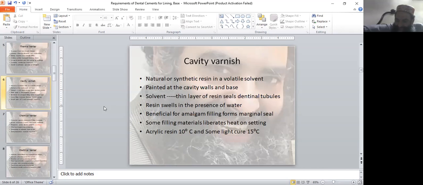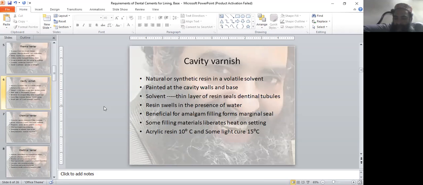Is it true? Solvent can produce a thin layer. How? Solvent produces a thin layer of resin. How? Solvent takes the resin, because solvent is mixed in a resin.